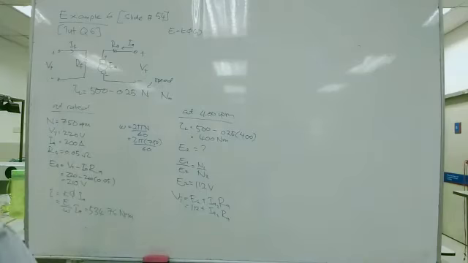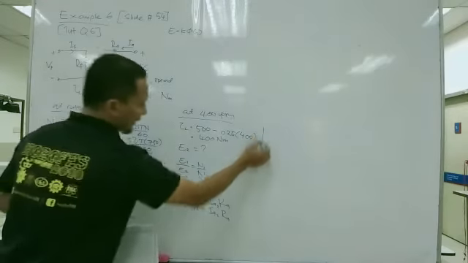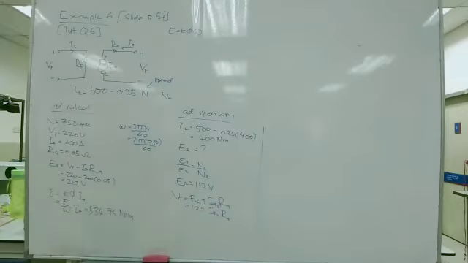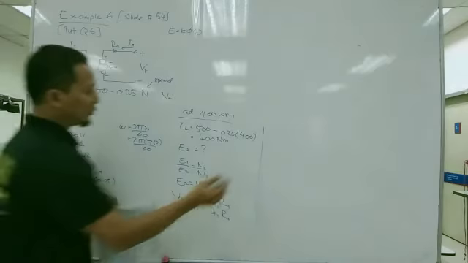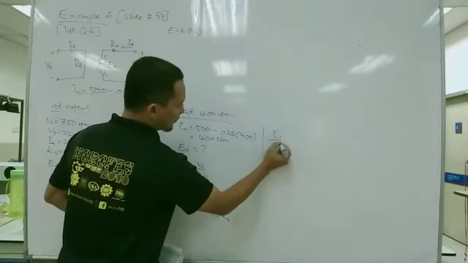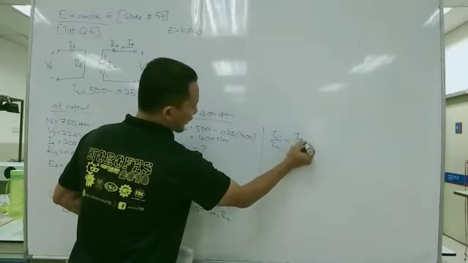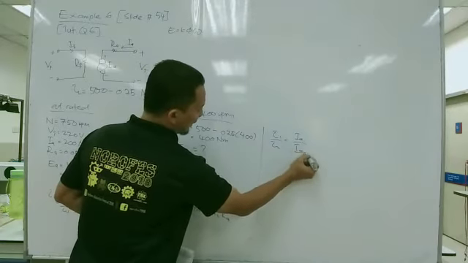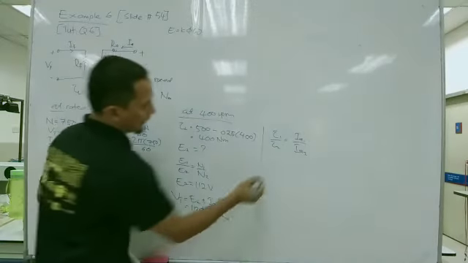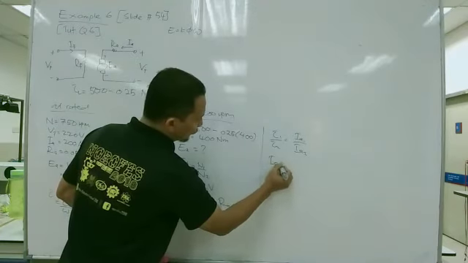But we do not calculate Ia2 yet. So to find Ia2, we can use the ratio between torque 1 per torque 2 equal to Ia1 per Ia2.